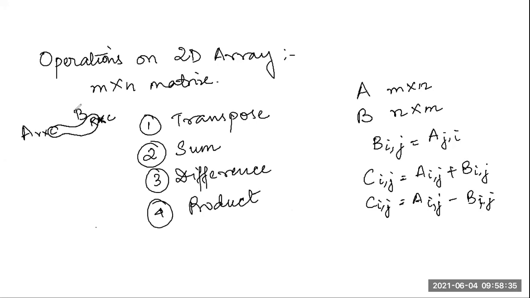When that holds, we say the two matrices are compatible with each other, and then I can perform the summation, difference and product of these two matrices. So these are the four numerical operations that can be performed on any matrix, and if I am representing the matrix using 2D arrays, these four operations can be performed on my 2D array as well.